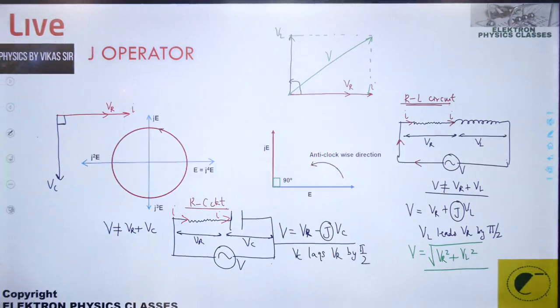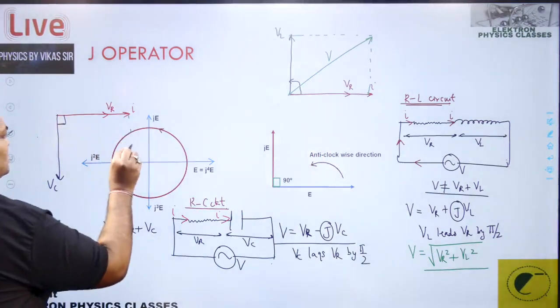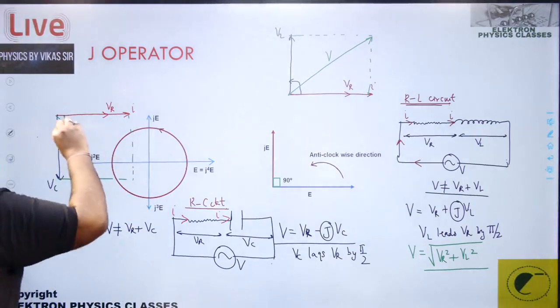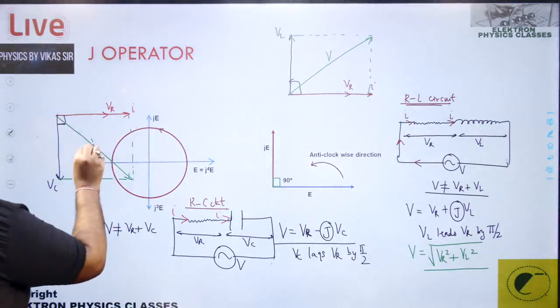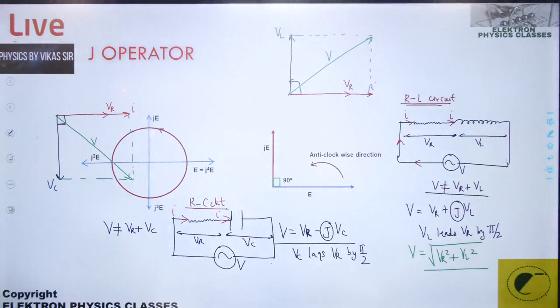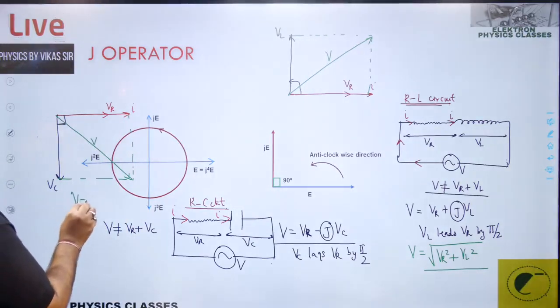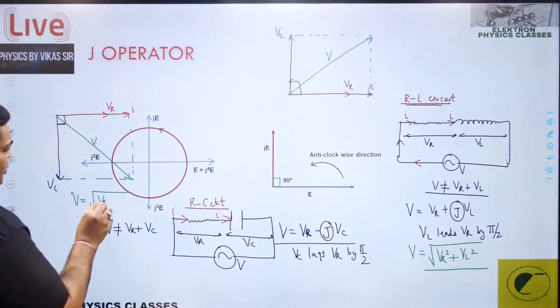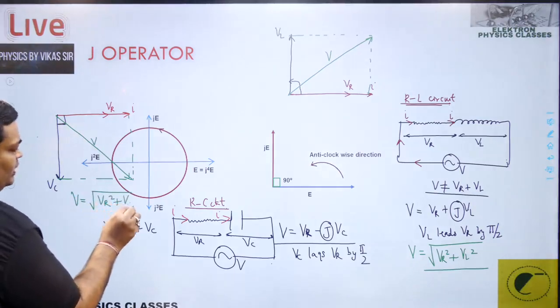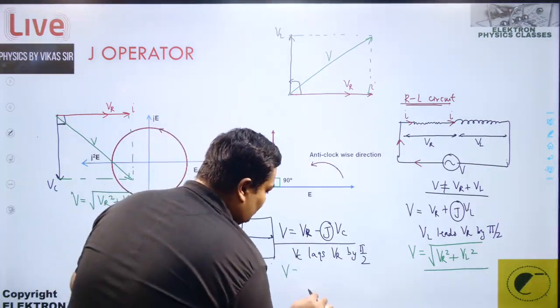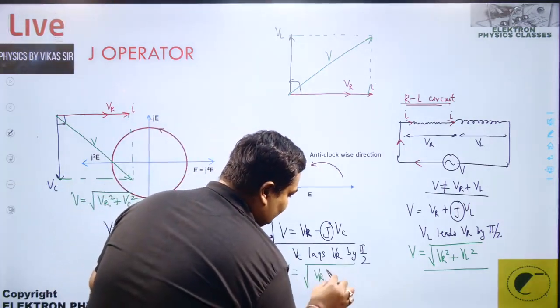Similarly in this case, this is your parallelogram and this is the resultant, that is V. So what is that V value equal to? That should be equal to root of VR square plus VC square. So over here again V should become root of VR square plus VC square.